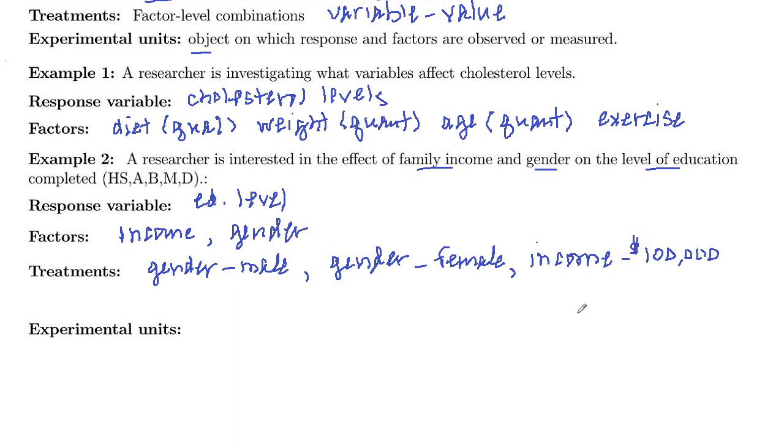And probably would categorize income maybe in $10,000 increments. And then the experimental units are going to be the people in the study. So we're measuring these variables, gender and family income, on groups of people.